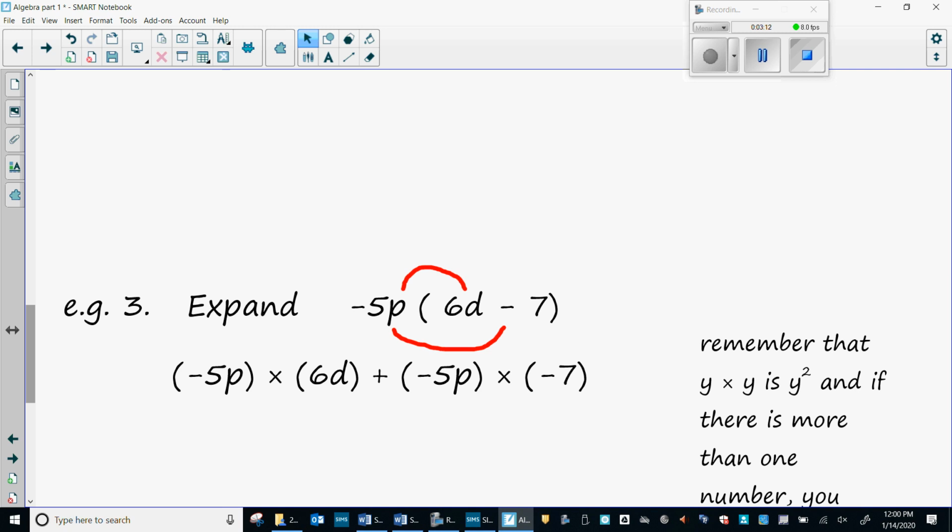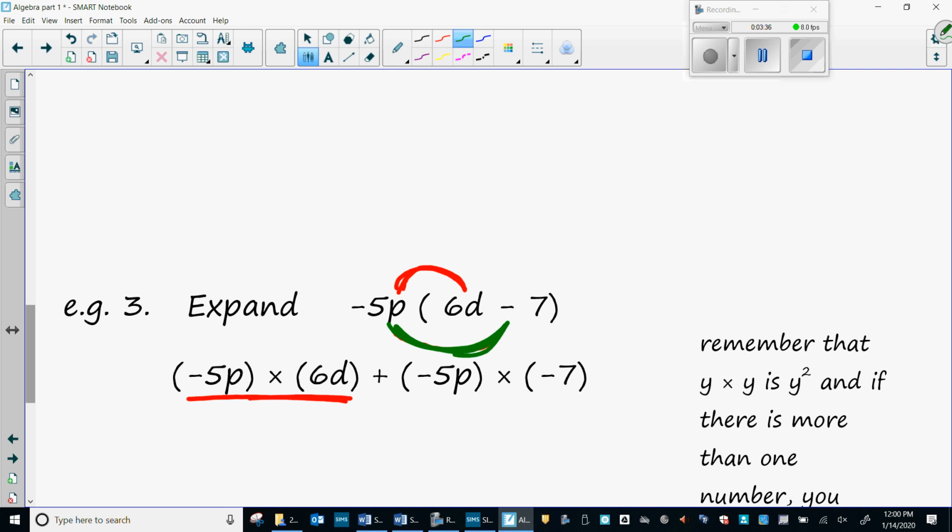Next one. Negative 5p bracket 6d minus 7. So negative 5p multiplies first of all by the 6d. We've then got negative 5p multiplied by negative 7. So I'm separating my 2 things here. Negative 5p multiplied by 6d.